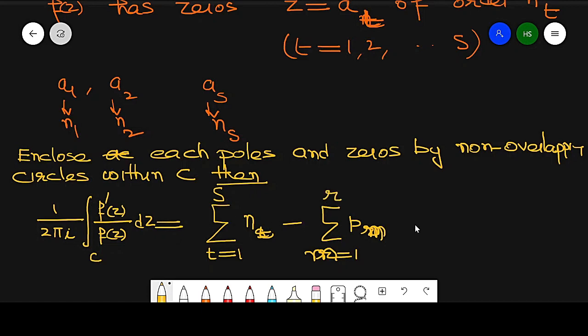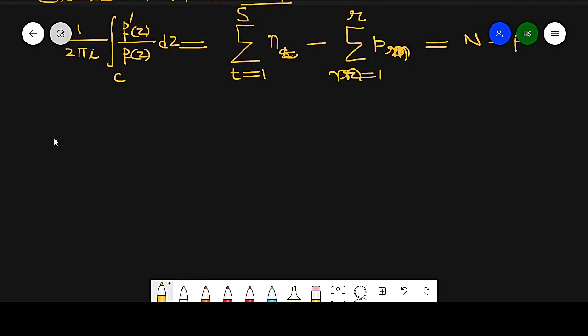What is the first sum? It is treated as capital N. What is the second sum? It is treated as capital P. Capital N is the number of zeros of the function f(z), the summation of nt, t running from 1 to s.